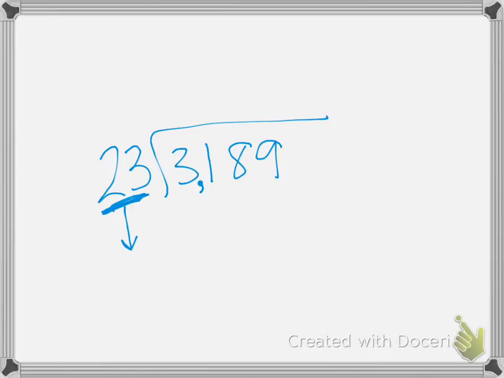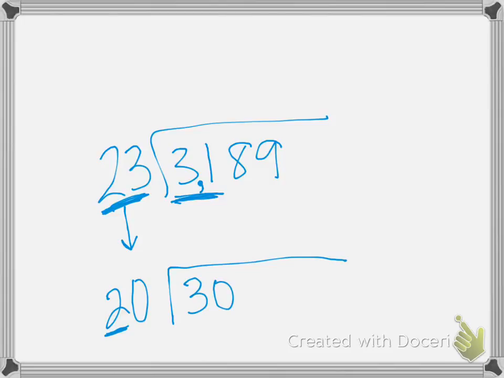We would round it down to 20, but now using compatible numbers, think about this too. What is close to 31 that 2 can go easily into? It can be one of two things. You can either drop it down to make it 30, or you can make it go up to be a 32.